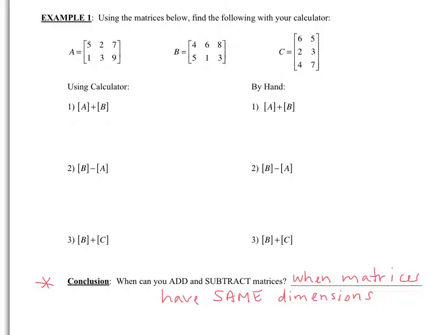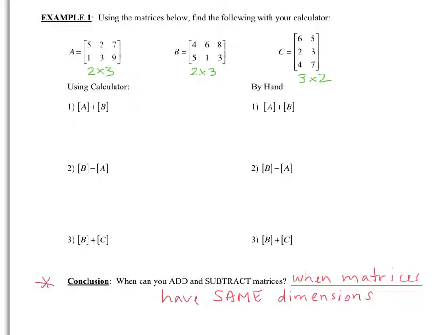Okay, so let's go back up to these 3 matrices, A, B, and C, and let's just start with their dimensions. Okay, so let's look at matrix A. Hopefully you recognize the dimensions are 2 by 3. Matrix B, also 2 by 3. And matrix C is 3 by 2.